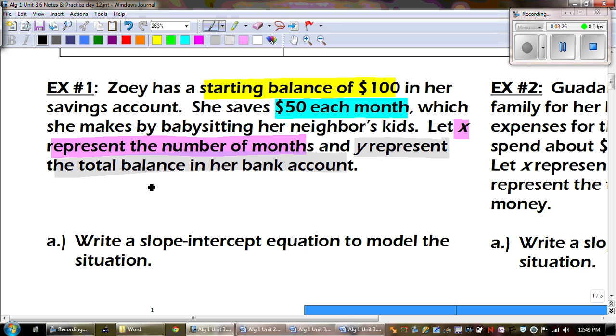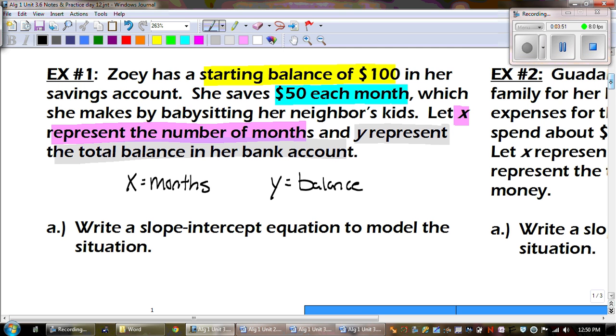So at the top, I like to start by saying, well, x is this and y is that. X is the total months, that's what we highlighted in pink. And y, what's y? Yeah, y is the balance that's in our bank account.